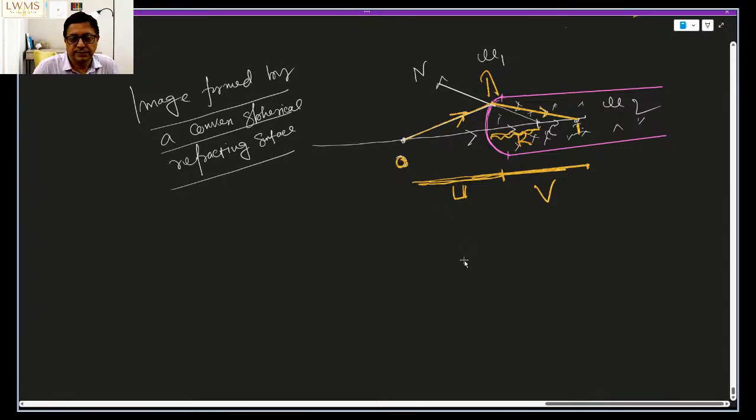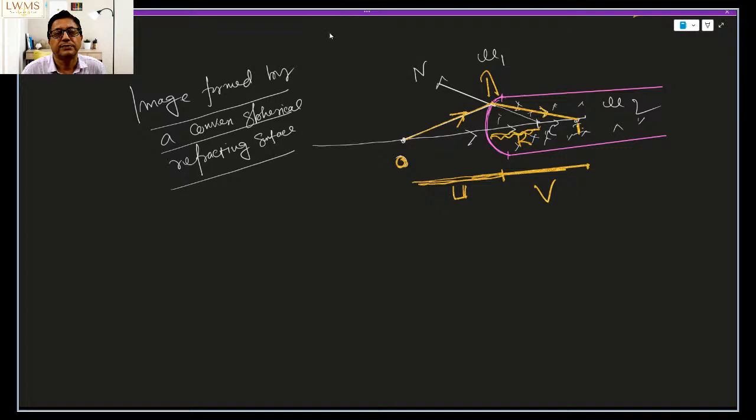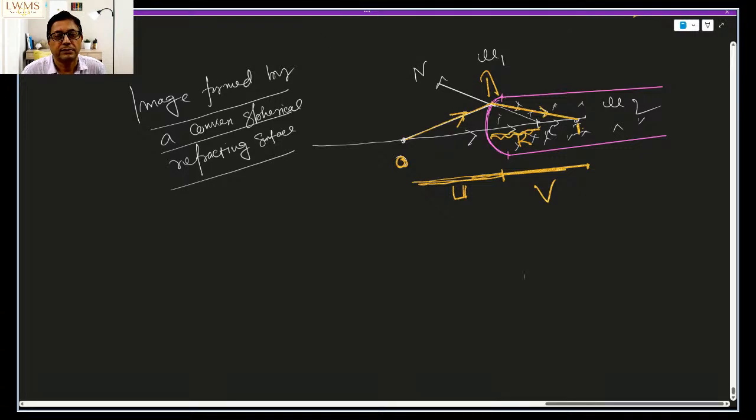Bigger one. Doing it again. We are doing it for a convex spherical refracting surface.